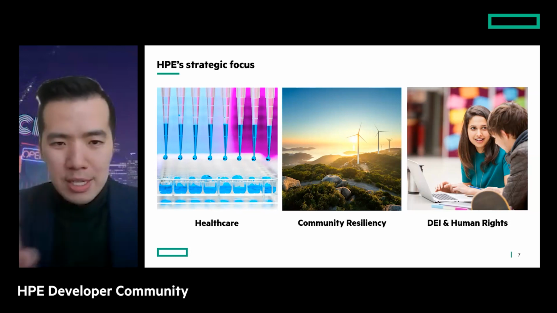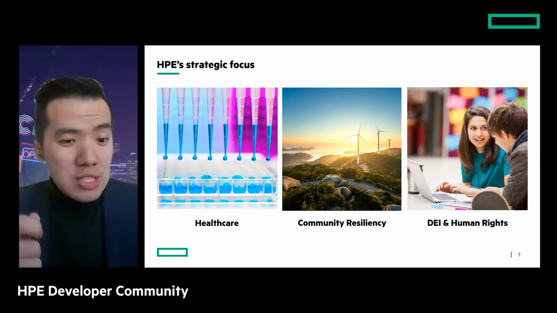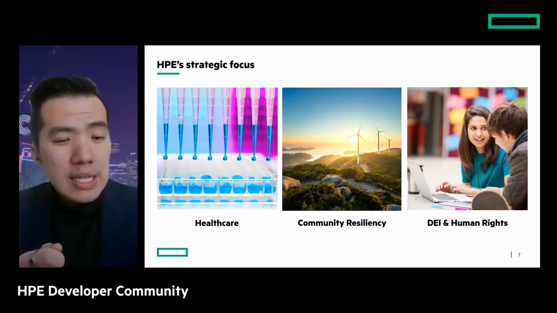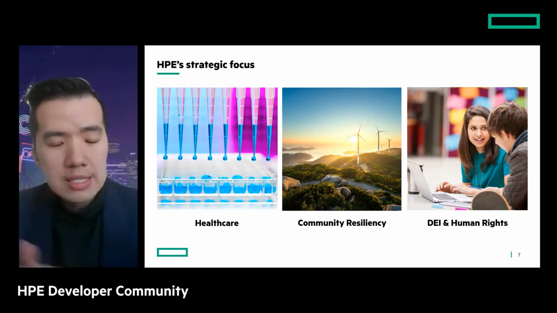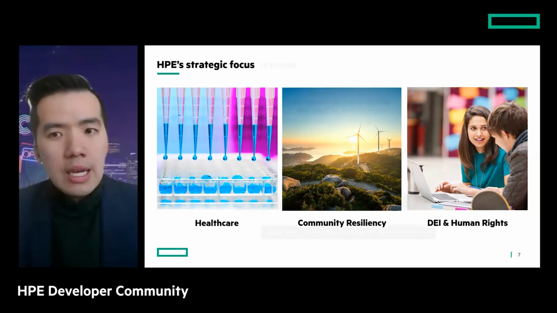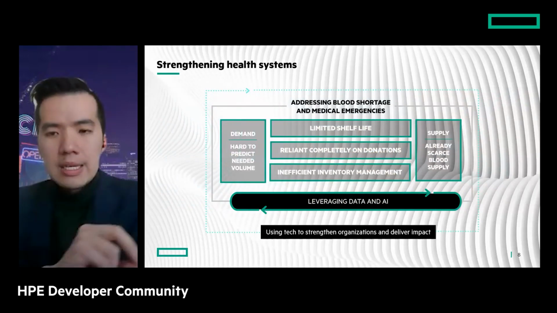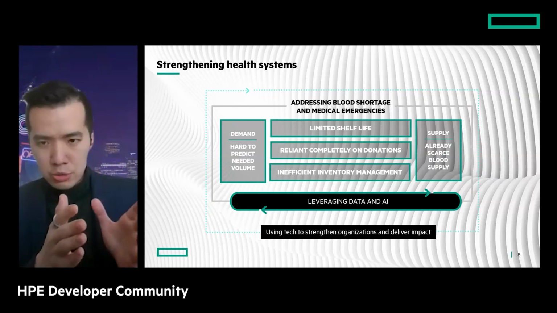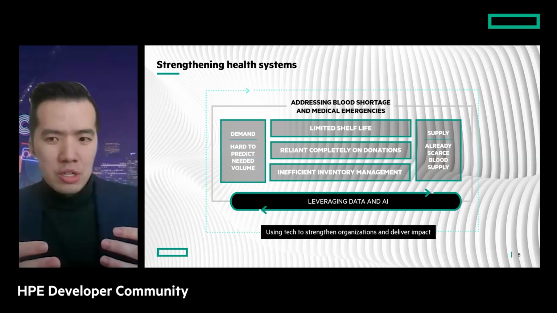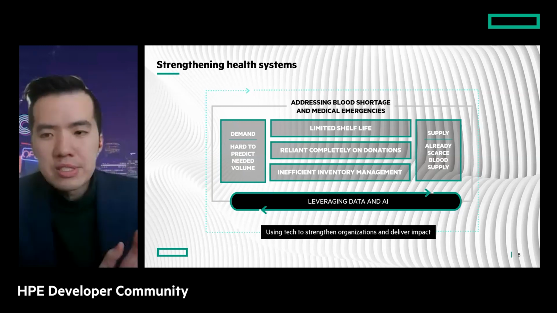So that was a broad overview about what technology can be used for. The next few slides jump into use cases of how we are helping and supporting advancements in healthcare and community resiliency through technology. And the first case is how we're helping to strengthen health systems. Across the world, a couple of organizations typically contribute to the lion's share of donated blood to hospitals and other healthcare providers.